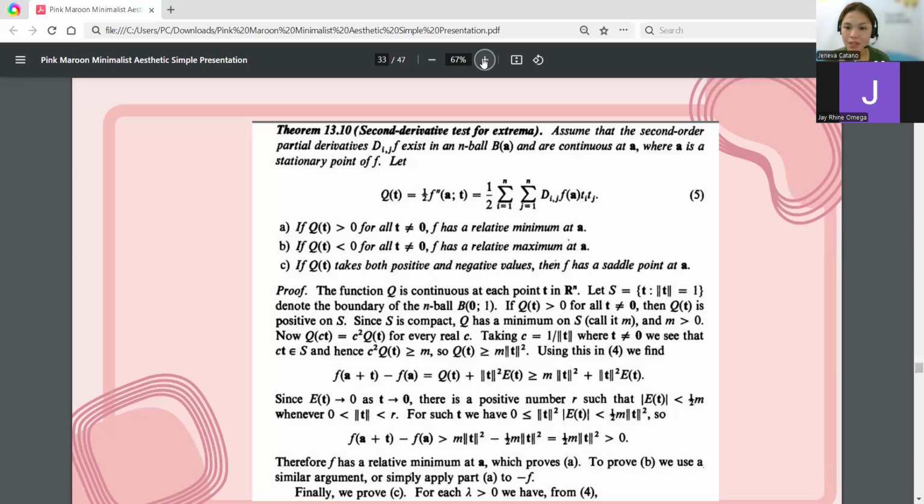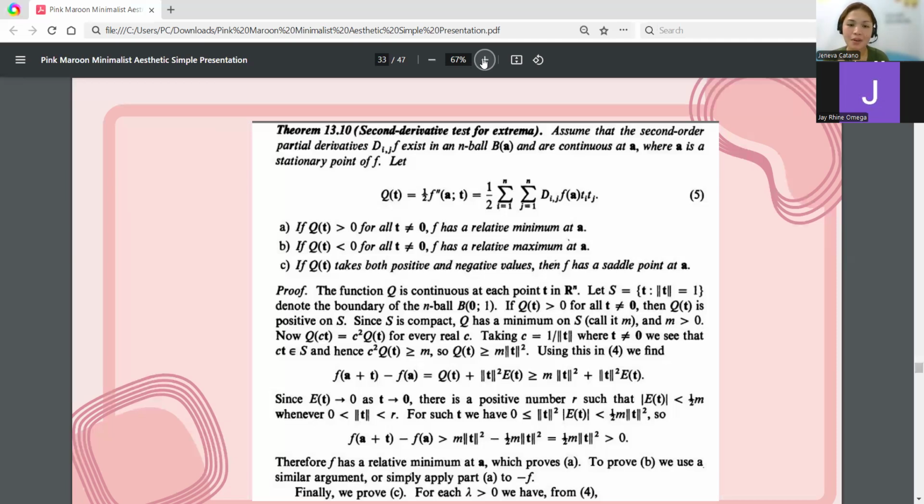If Q of t is greater than 0 for all t not equal to 0, then Q of t is positive on S. Since S is compact, Q has a minimum on S. Call it M, and M is greater than 0.